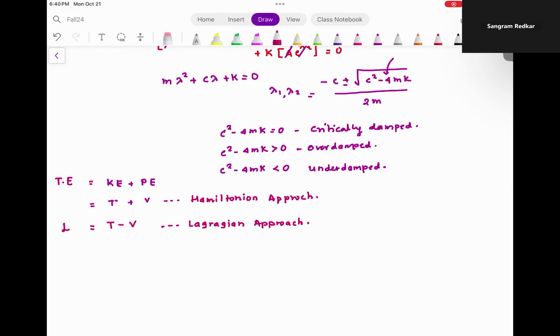And what you do is you will find out the equations of motion by using this simple equation: d by dt of partial L by partial x dot, minus partial L by partial x, is equal to 0. Now, please note, this is the partial derivative with respect to velocities.